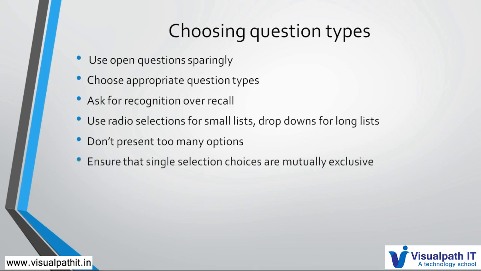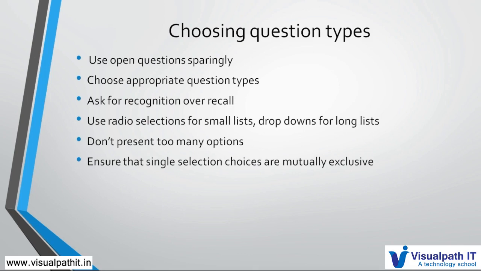Next, ensure single selection choices are mutually exclusive. If you are presenting a list of possible answers, consider whether they will be mutually exclusive or not. In other words, should participants be able to select more than one answer?